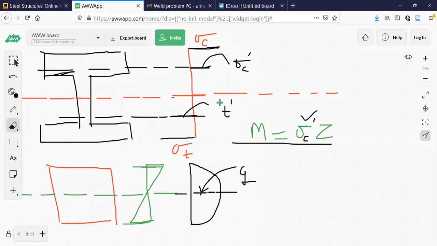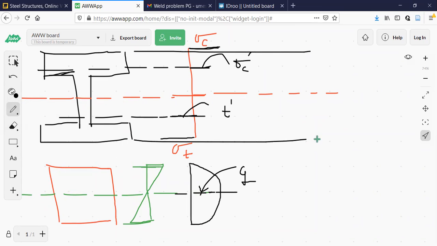So here, see this. If I tell you to draw this, you have to check it in the book and get back to me. These are the top and bottom lines. If I ask you to draw the shear stress, I'll take this bottom of the flange here, preferably in some other color, like this.